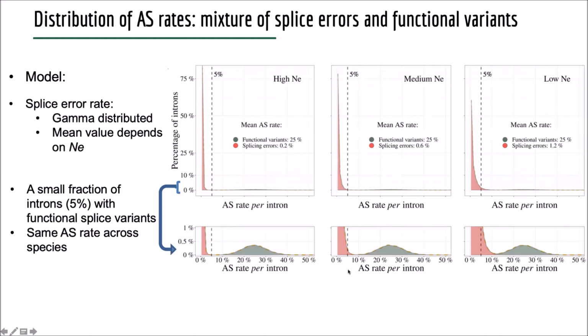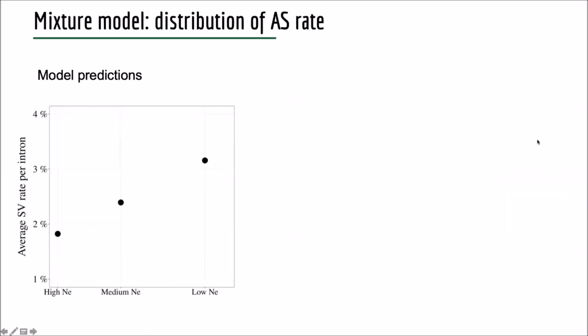So what we assume is that in all species, a small fraction of introns undergo functional alternative splicing, with the same rate across species. And what is changing across species is simply the rate of splicing errors. And overall, when you measure the total genome-wide rate of alternative splicing, which is a combination of functional splice variants and splicing errors, you see that this rate varies according to NE. These are the predictions of this mixture model.